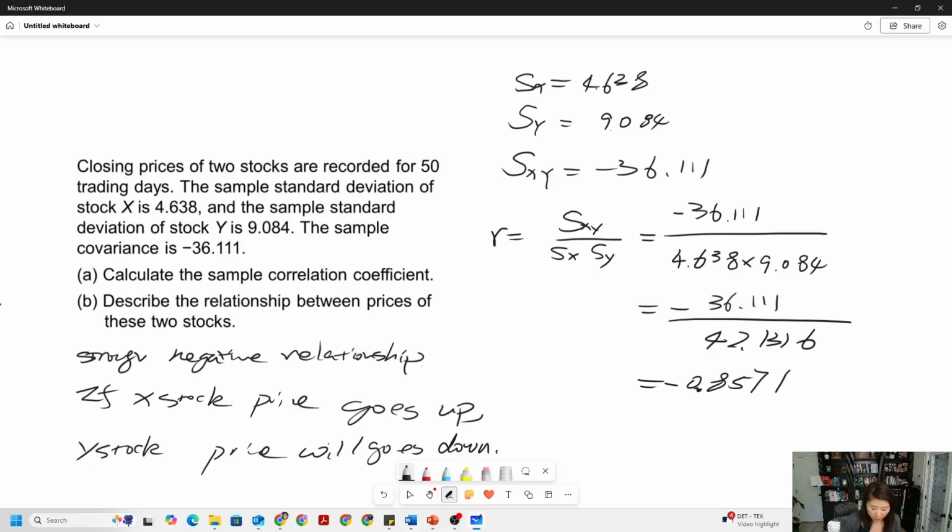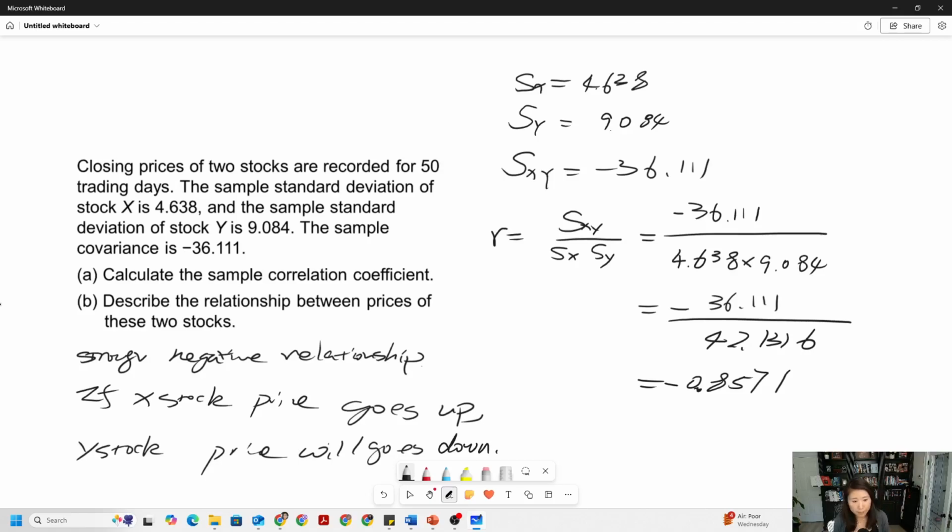So remember, a negative relationship doesn't mean they always go down together. It means they go in opposite directions, just like your demand curve. Think about your demand, right? So that means if the X stock price goes up, the Y stock price will definitely go down, or the X stock price goes down and the Y stock price will go up.